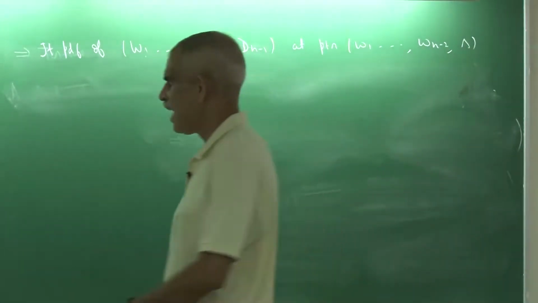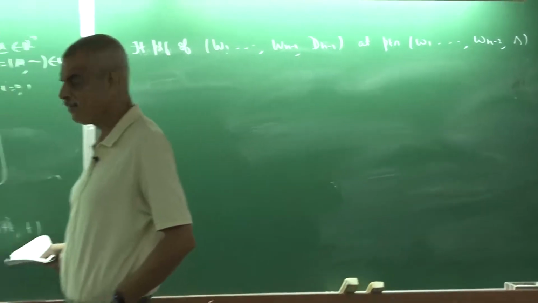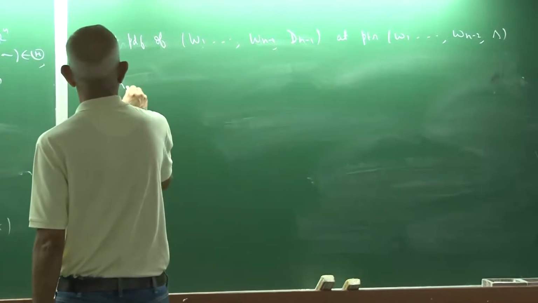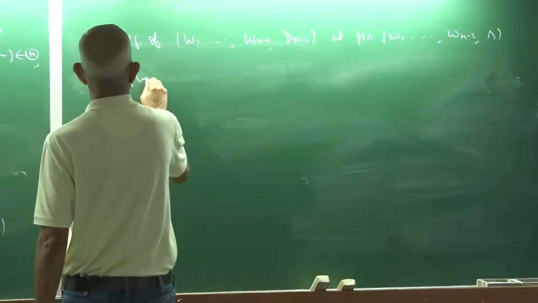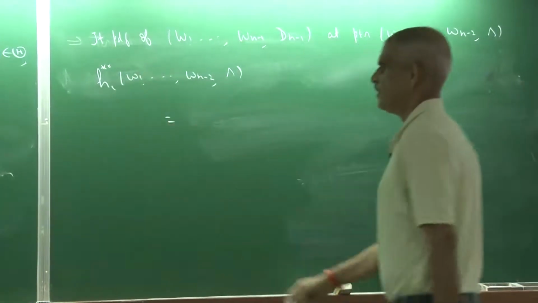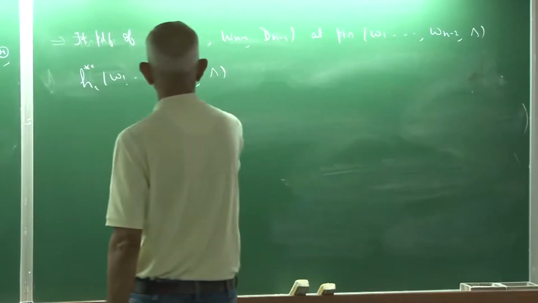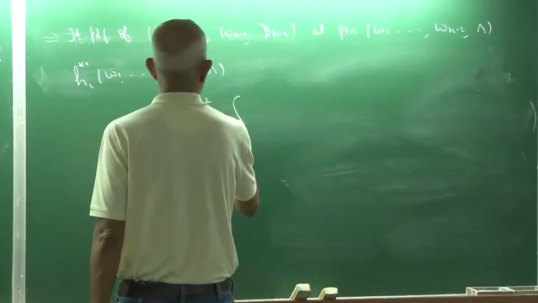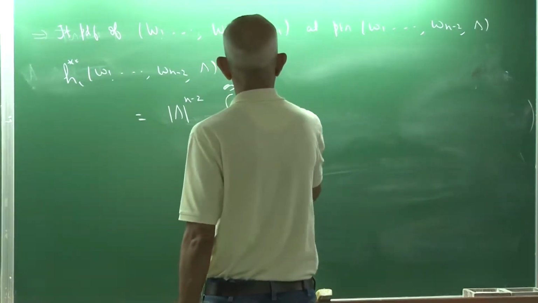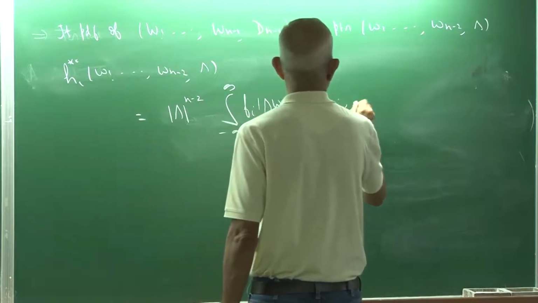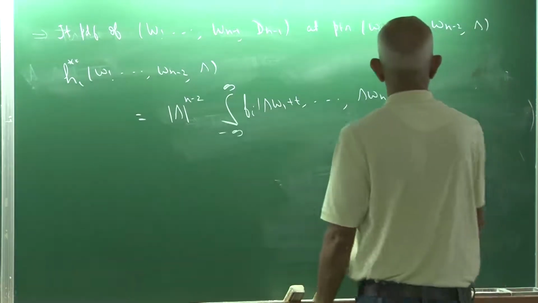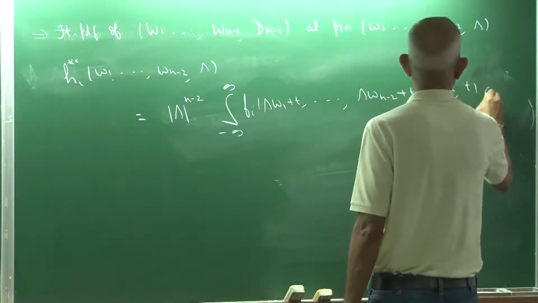So what I have to do is integrate out the unwanted variable over here, which was xn, which was fixed at t. So I do that: psi double star of W1 to Wn minus 2, s, which is nothing but I just integrate out t, so mod of s to power n minus 2, minus infinity to infinity phi of sW1 plus t, sWn minus 2 plus t, s plus t, t.